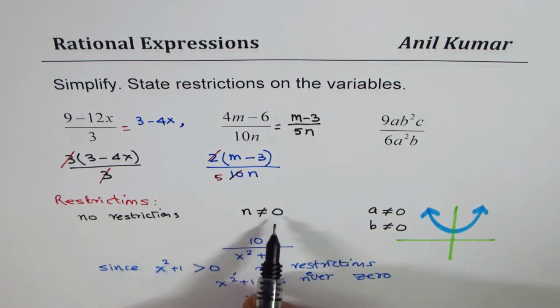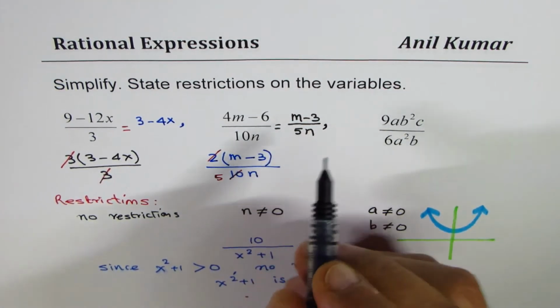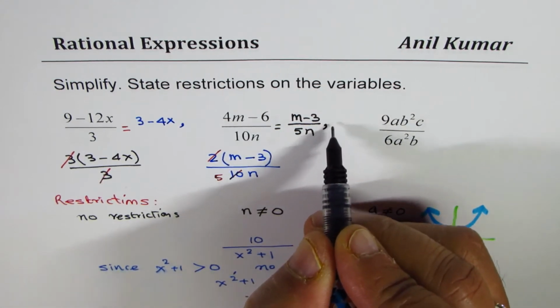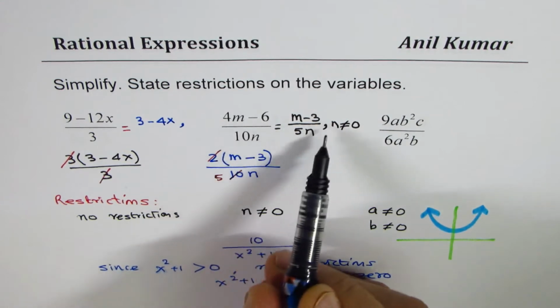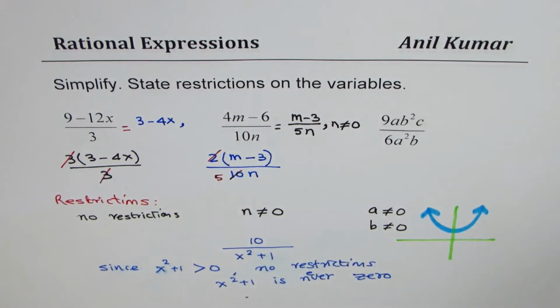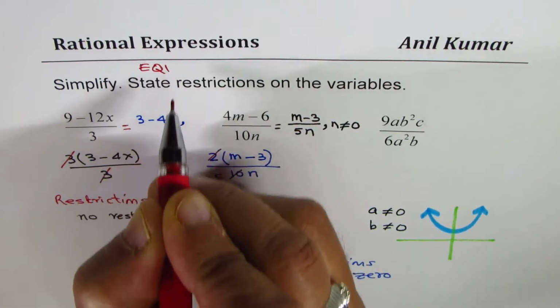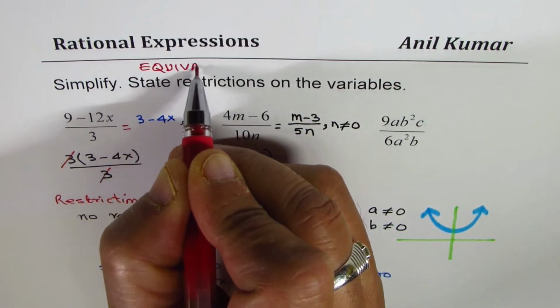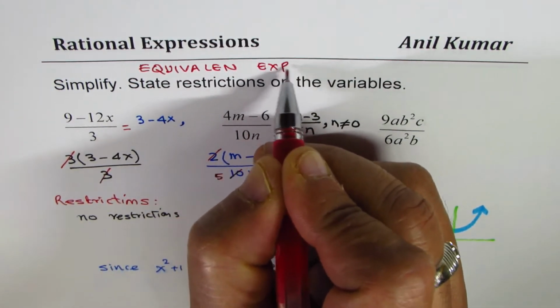The restriction is that n cannot be equal to 0. When you write it, you can write it like this, comma, and n not equal to 0. That means these two rational expressions are equivalent, right? So we're also looking into what equivalent expressions are.